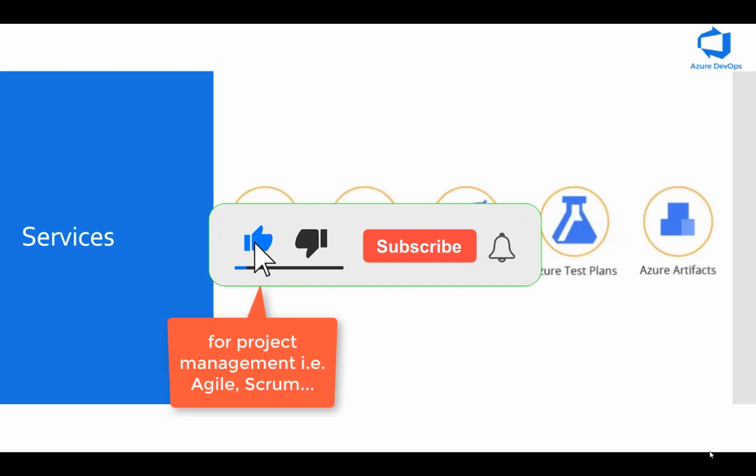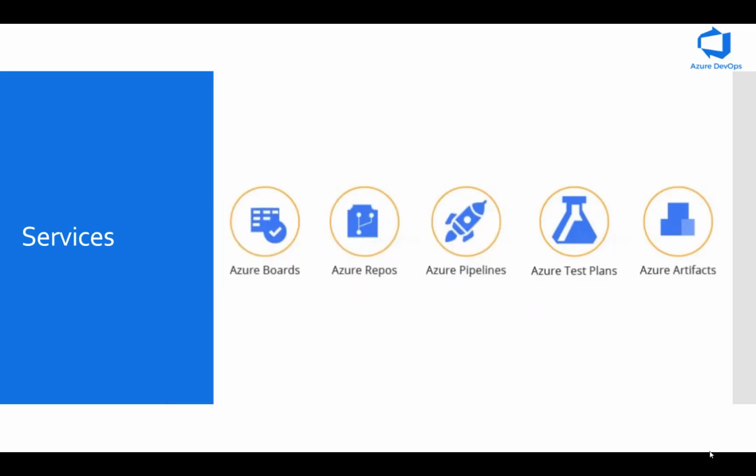But Azure Boards just allow you to implement that agile methodology in your application development and deployment. It has features such as Kanban boards. You could do Scrum. So there are multiple things you could do in Azure Boards, and essentially that's just allowing you to implement an agile methodology within Azure DevOps.